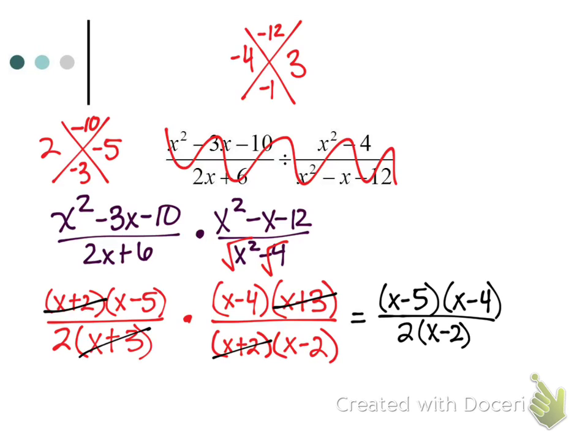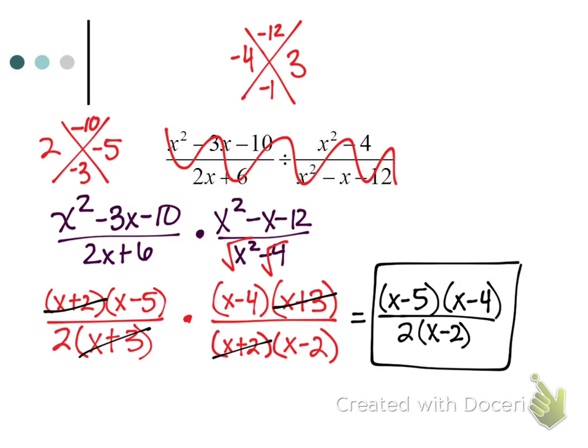If you really wanted to, you could multiply this stuff out in the top or in the bottom, but you don't need to. So I would recommend just leaving this as your answer, because I hope it's obvious that none of these things now can cancel or reduce. It's just going to be time consuming to be multiplying things back out. Natalie? Can't we distribute the 2 into X times X minus 2? You could distribute the 2 down here.